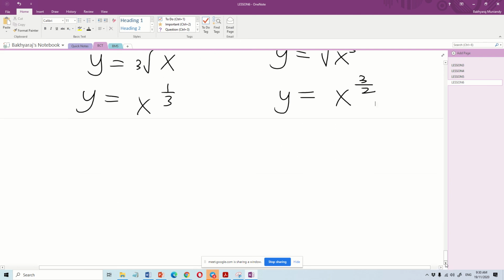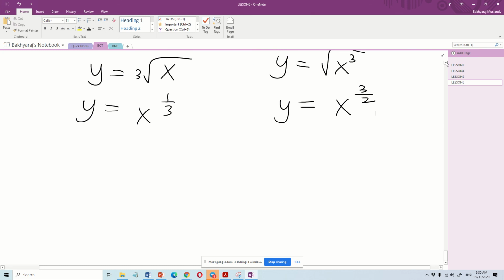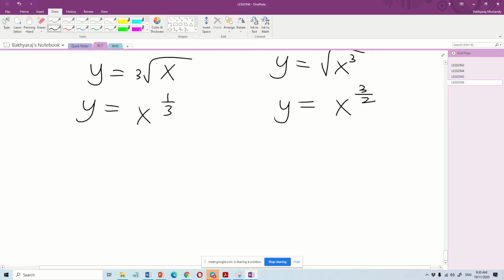Example 1. Okay, let's say my question is question number 1. Y equals square root x. I want to find the derivative function.